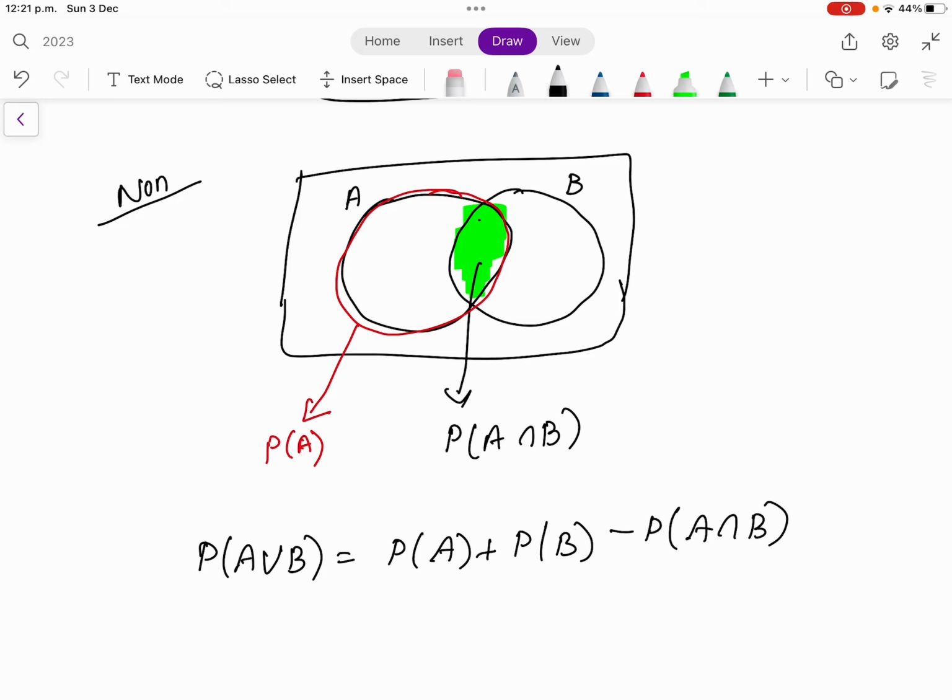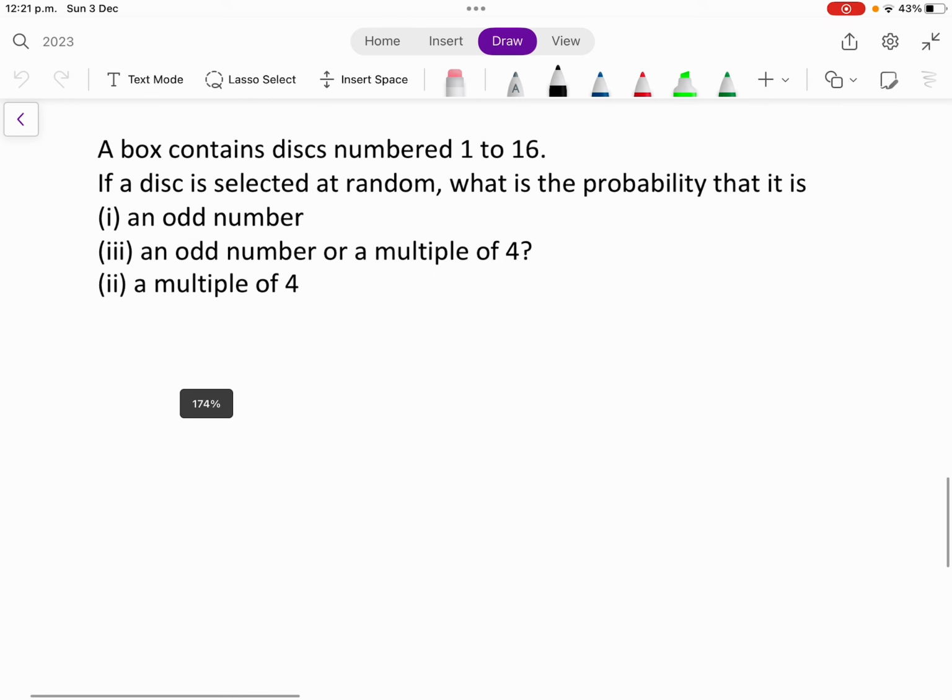Now let us work on some questions. Let's look at this question.